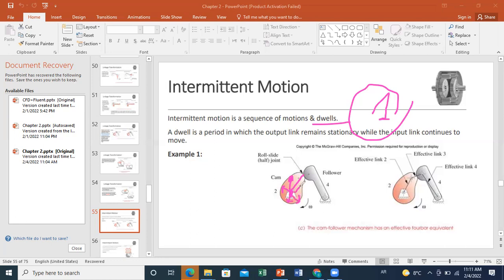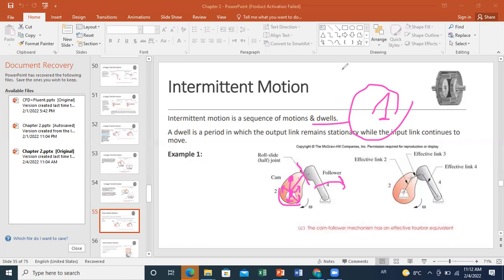Okay, so if you impose a certain curvature, for a certain part of your profile, if you impose a circular curvature, this means that for this part, when it is in contact with the follower, the distance between the center of the cam and the follower will not change anymore. And what is causing the motion of the follower is this change in distance between the center of the cam and the contact point.